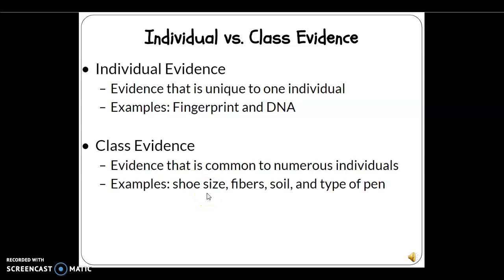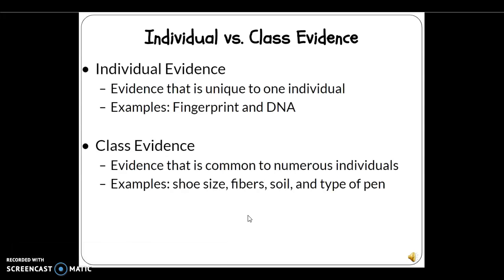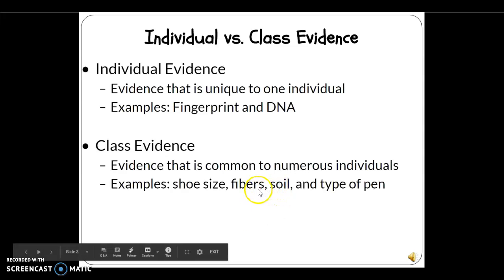So this is going to be things like maybe your shoe size and the print of your shoe, that can identify what brand of shoe you have and what size it is, maybe what fibers you have in your shirt. Somebody else can also have the same shoe size and the same shoe brand as well as the same shirt.